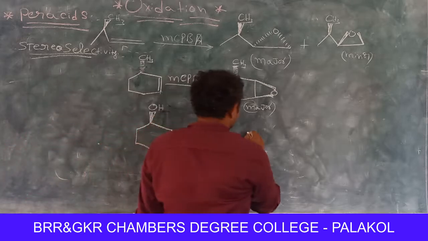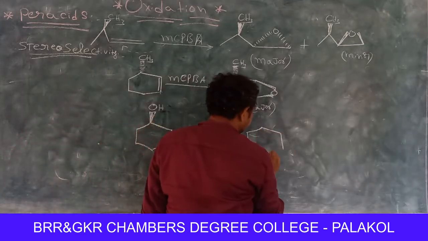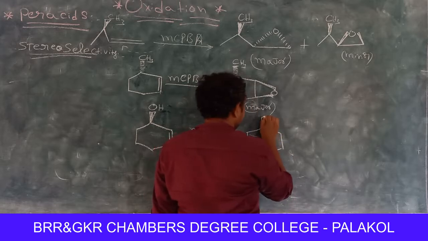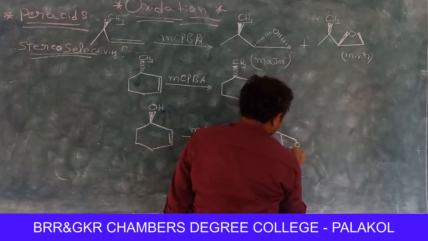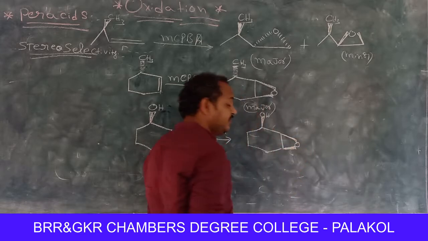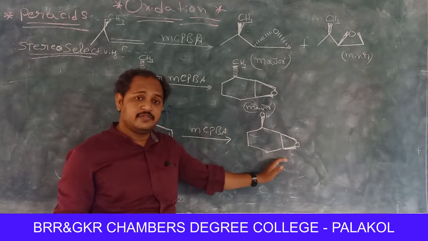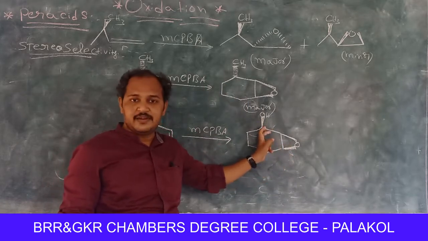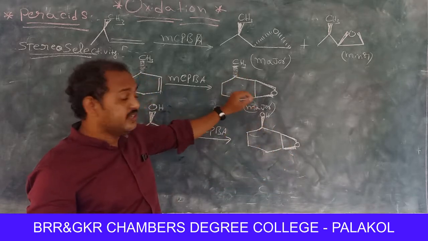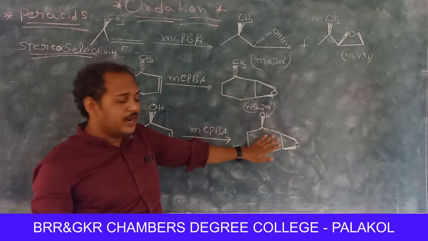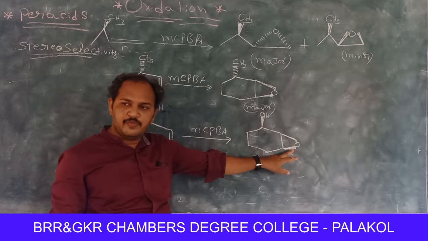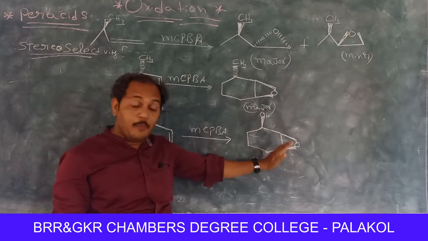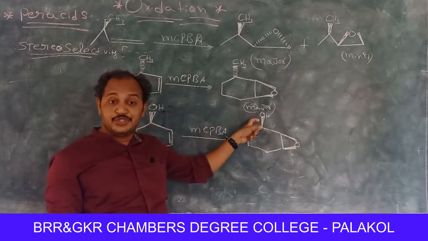but here the product is not like that. Surprisingly, we got epoxide formation from above the plane. Did you observe this, right? What we expect is epoxide formation from the opposite plane of the substituent.